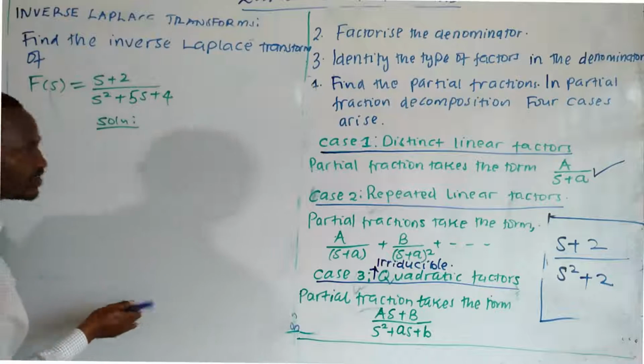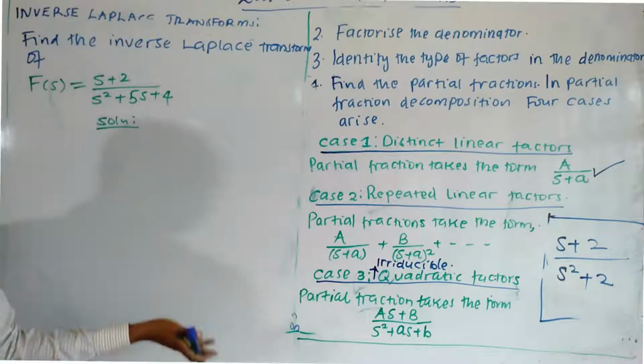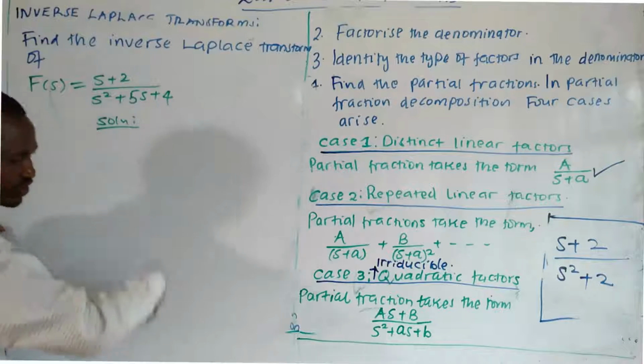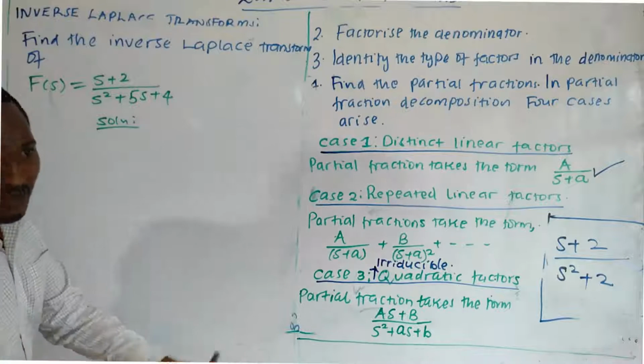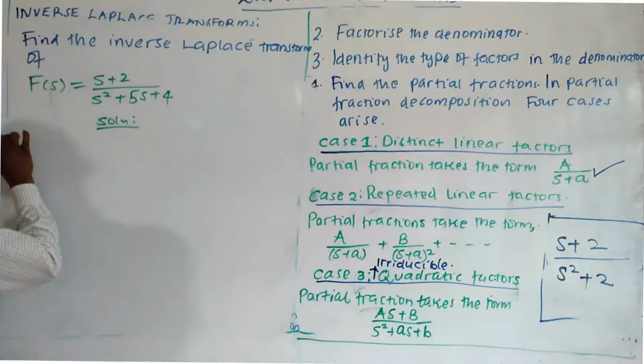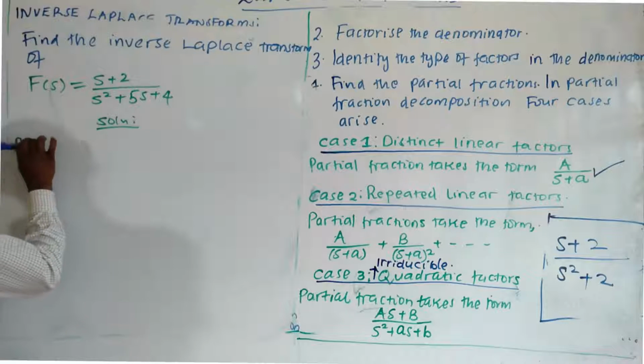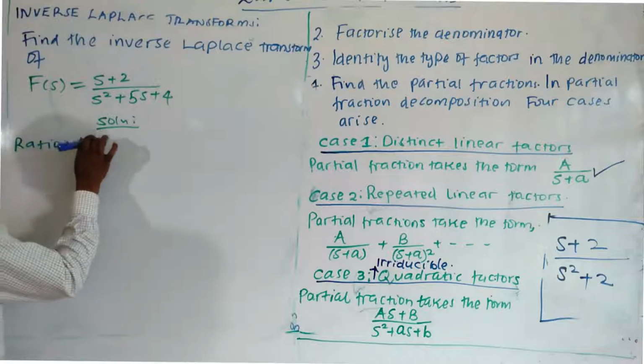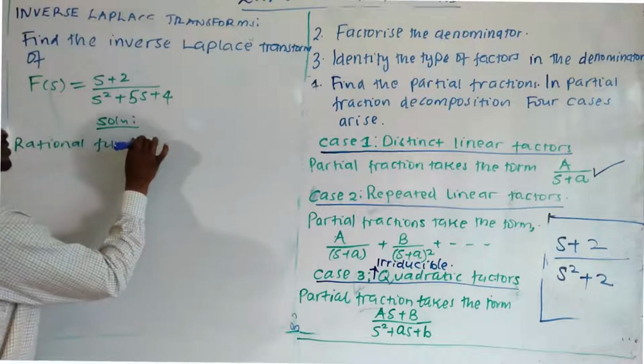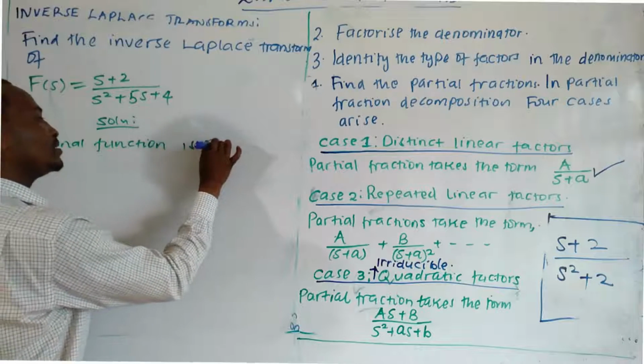So the rational function is proper. Of course you don't have to say that, but I will say it here for purposes of your own understanding and revision. So the rational function is proper.